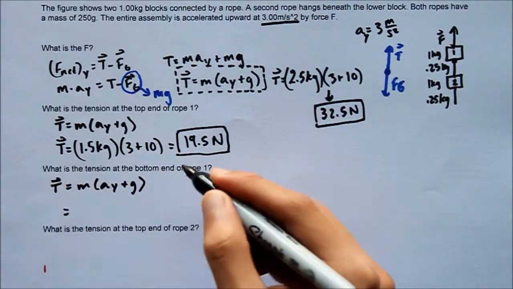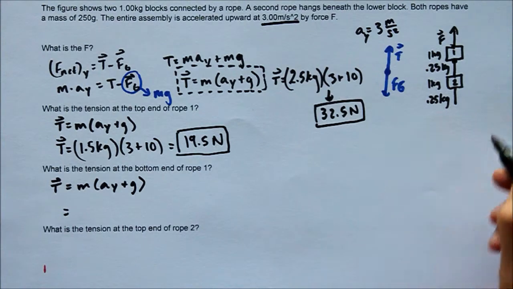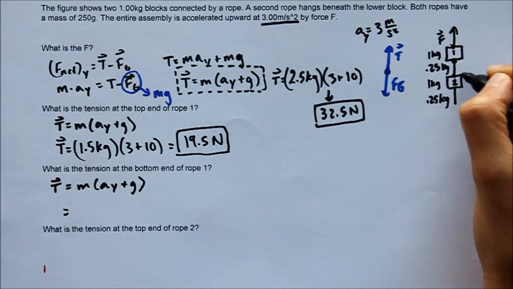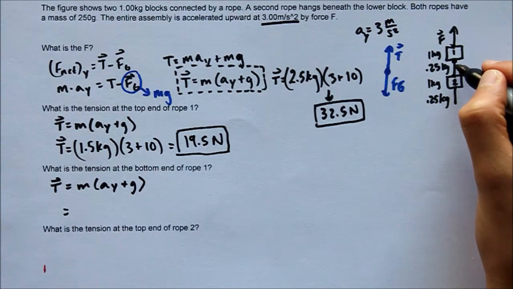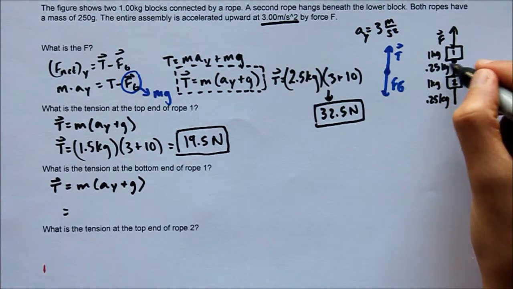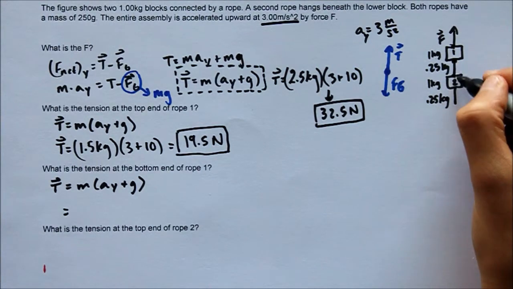So that's going to equal, now it says tension at the bottom end of rope 1. So if I draw it at the bottom end and circle that point and everything underneath, the difference is I don't have to take into account the mass of this rope. So once again, remember, since this rope has a mass, we can't assume that the tension on all the points of that rope are equal, because they aren't.